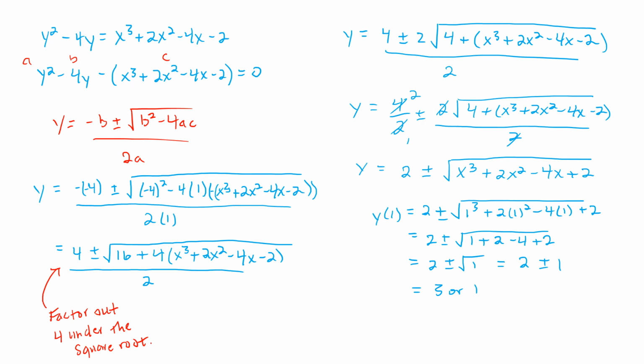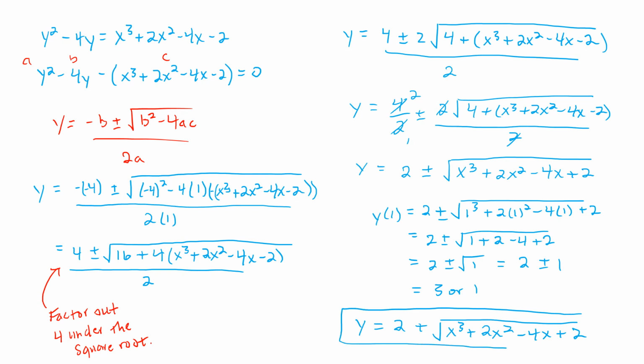So I know then that y equals 2 plus the square root of x cubed plus 2x squared minus 4x plus 2 is my particular solution for this initial value problem.